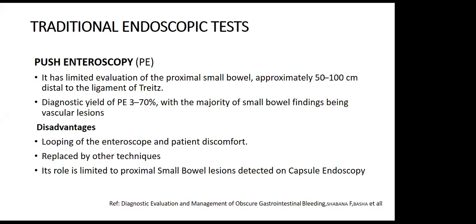That's a huge range. Is that right? 3% to 70%? That means you can get it wrong as much as you can get it right. Yes, that is correct. That is a variation which is there in literature.